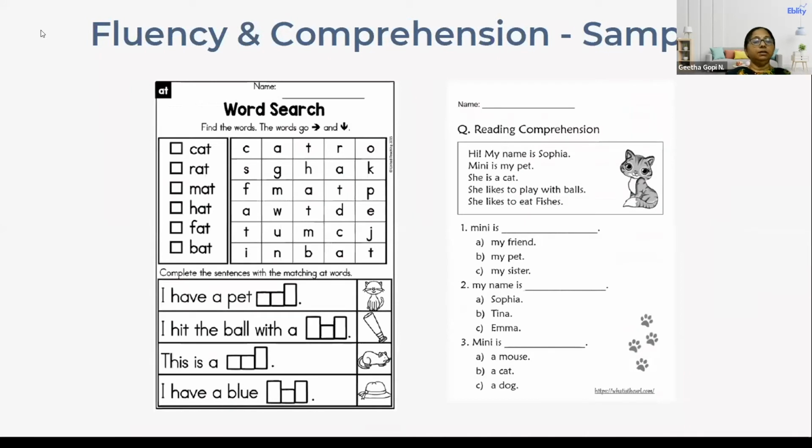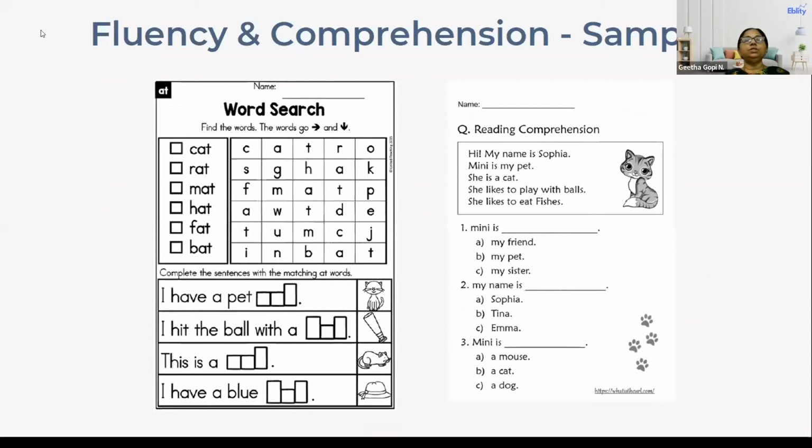Another worksheet here again has a word search and pictures relating to sentences. So it's a combination of how phonetic words and sight words can be introduced. And then once you do these from the sentence, it moves on to a little bit more difficult area, which is reading comprehension.